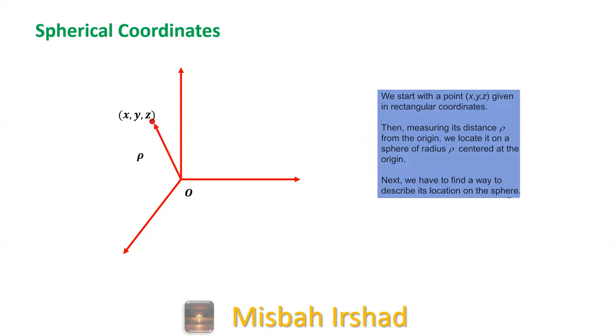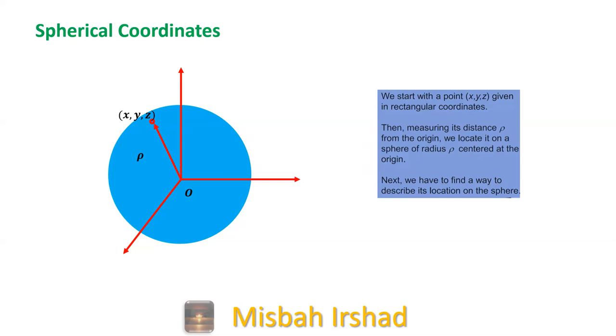Let's join this point with the origin, and let this distance be rho, and draw a sphere of radius rho. Then this point lies on the sphere of radius rho. Now we have to find xyz in terms of rho, the angle between this line and the z-axis, and the angle between this line and the x-axis. So let's try to do that.